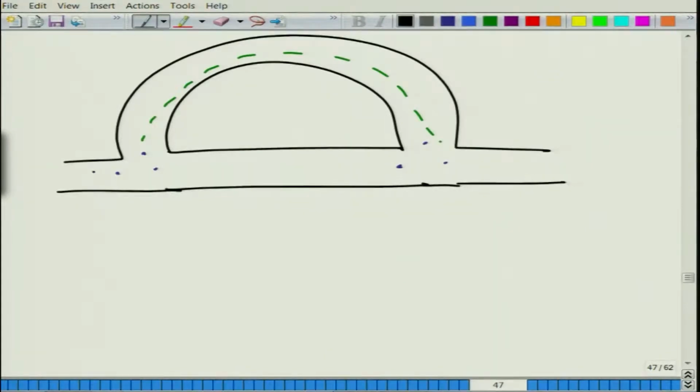Let us call this 1, this is element 2, this is 3, 4, 5 and 6. So, we assume that 5 and 6 have coalesced and 1 and 3 have also come together. So, this is essentially a very small point really, I am just drawing it separately for better conceptualization.